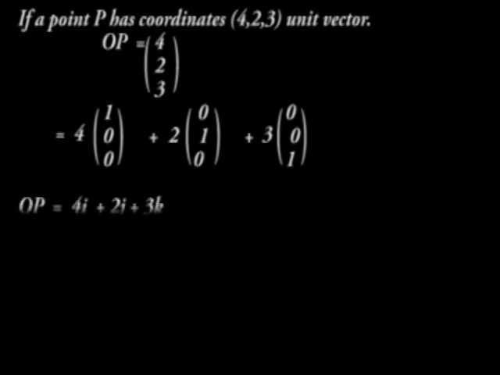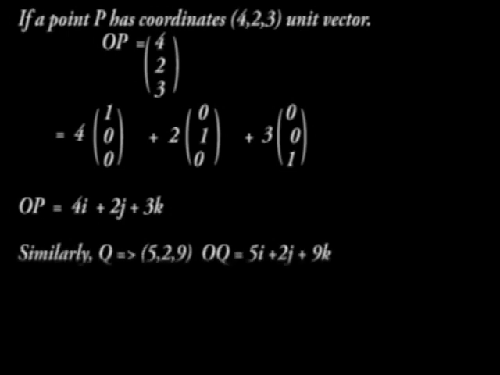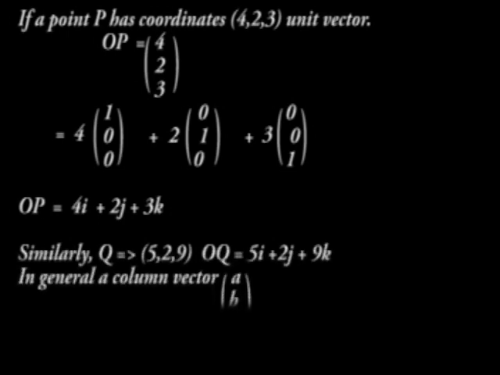By replacing the columns with the respective letters, we have OP is equal to 4i plus 2j plus 3k. Similarly, if the coordinates of Q are (5, 2, 9), then OQ is 5i plus 2j plus 9k. In general, a column vector (a, b, c) can be expressed in terms of the unit vectors as ai plus bj plus ck.